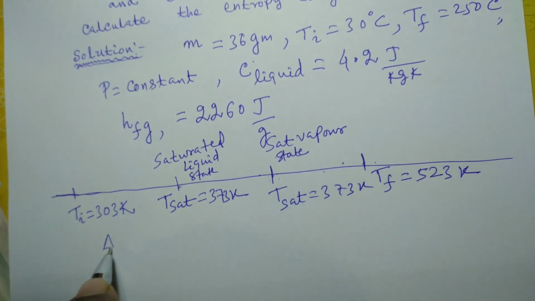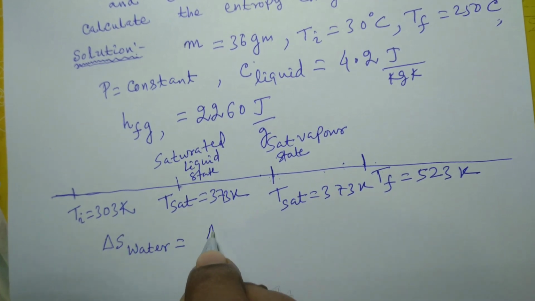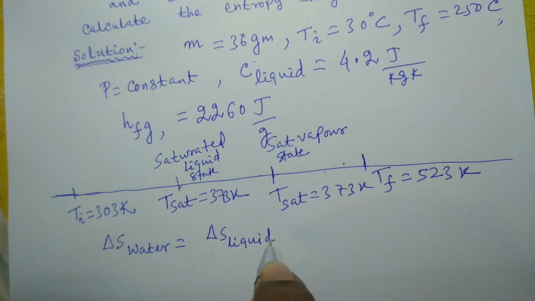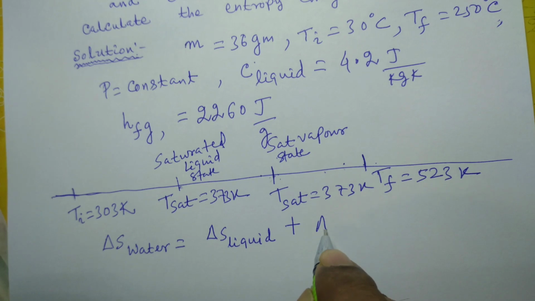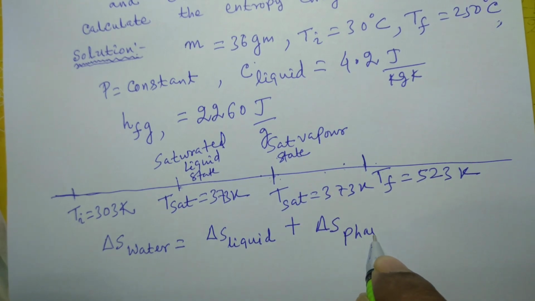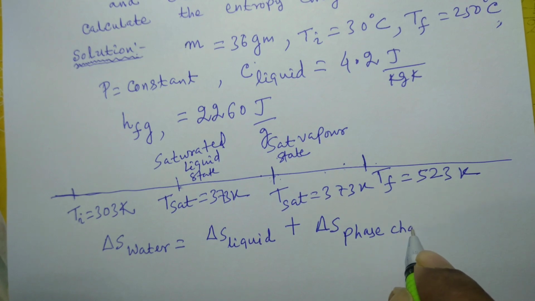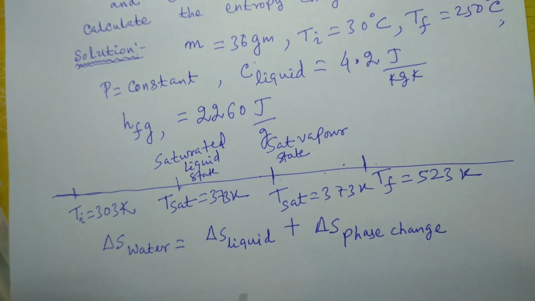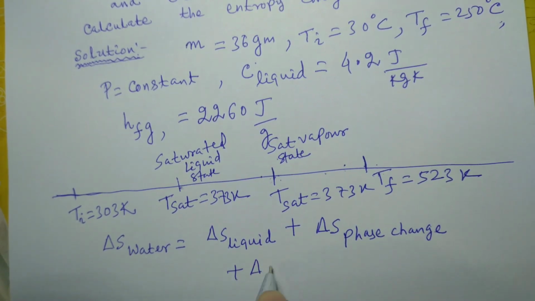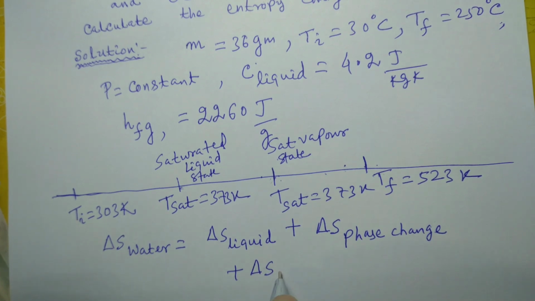So change in entropy of water will be delta S of liquid plus delta S of phase change plus delta S of vapor.